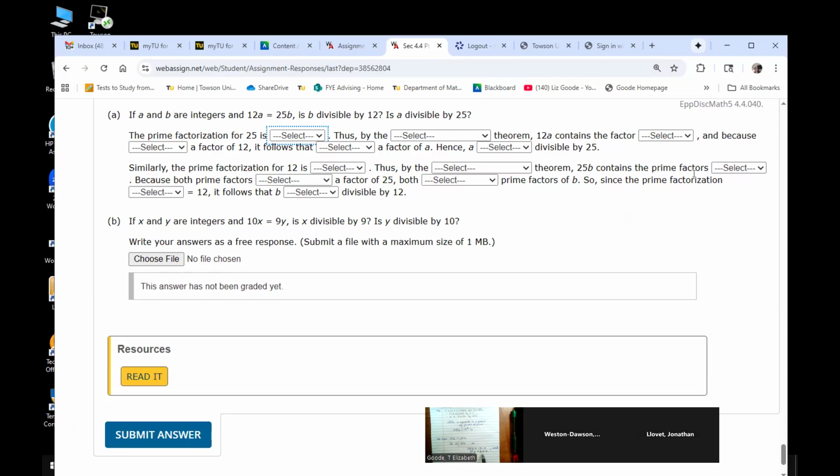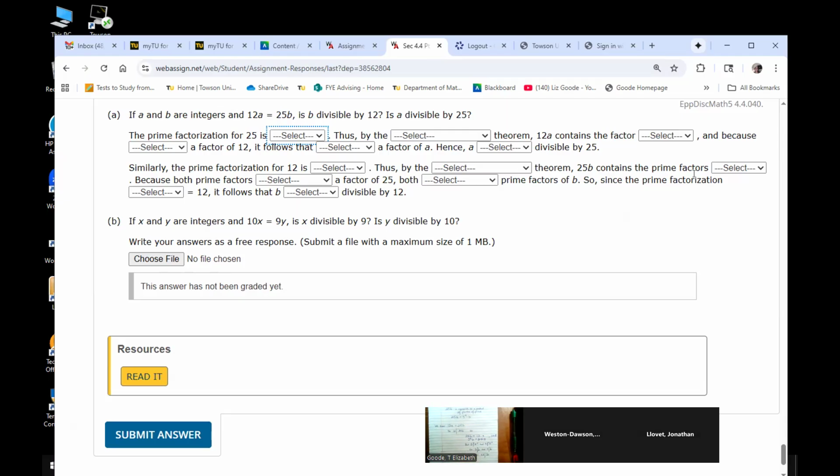So the 3 and the 4 have to be factors of B, because they aren't factors of 5 squared. 3 does not divide 5 squared, and 4 does not divide 5 squared. So 3 has to divide B, and 4 has to divide B, and that means 12 divides B, because there's nowhere else for the 3 and the 4 to fit. They can't fit into the 25.